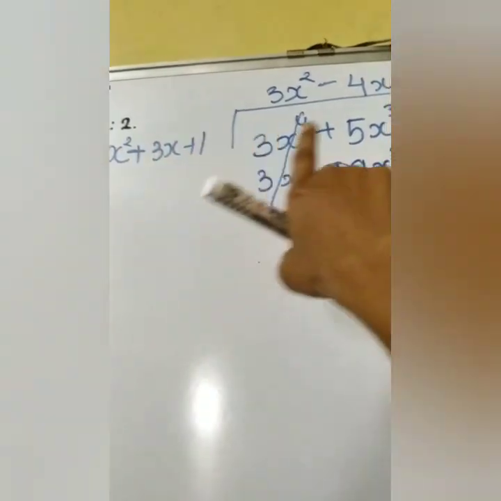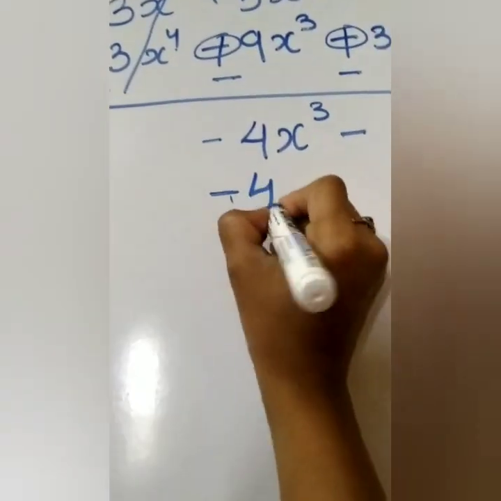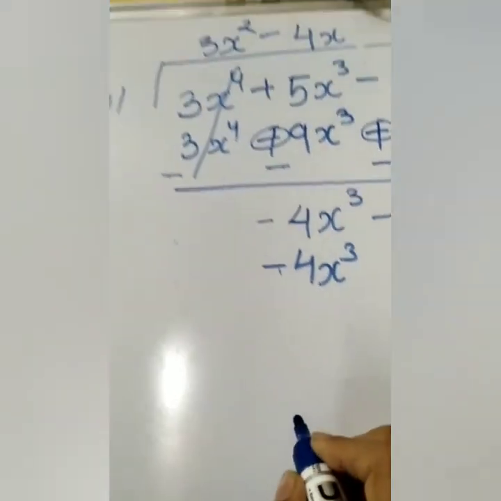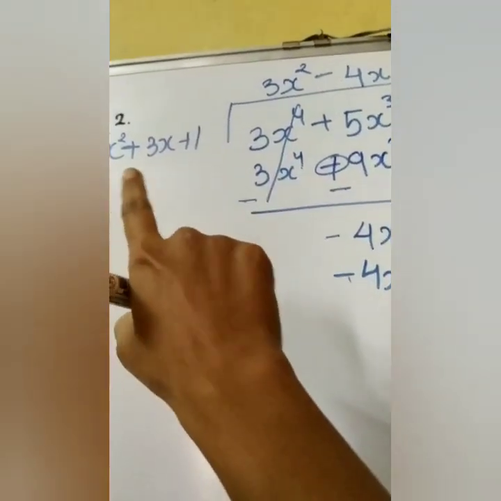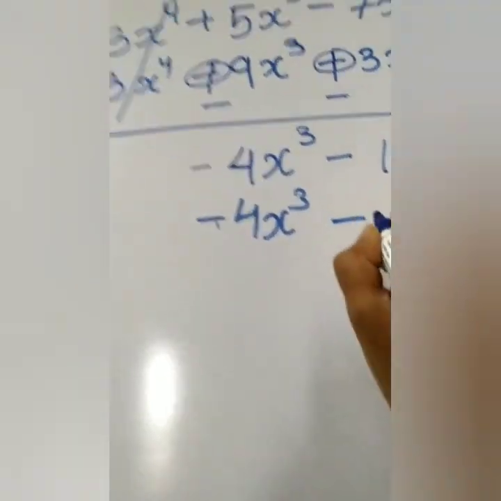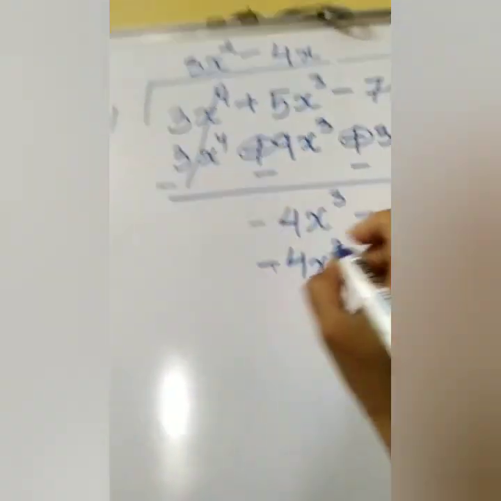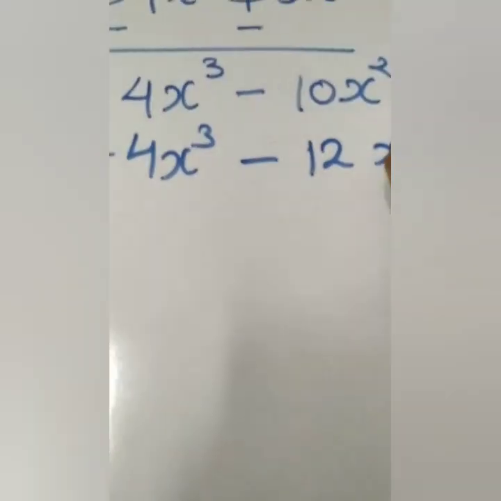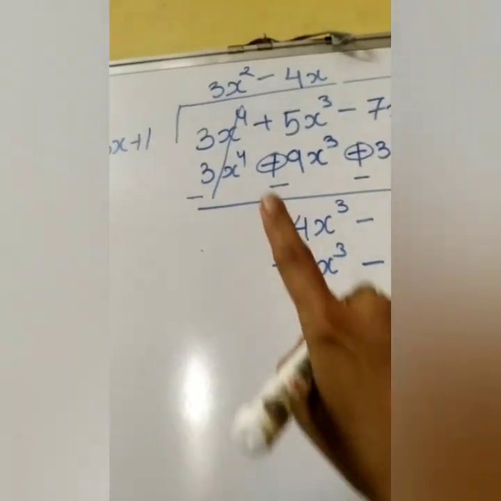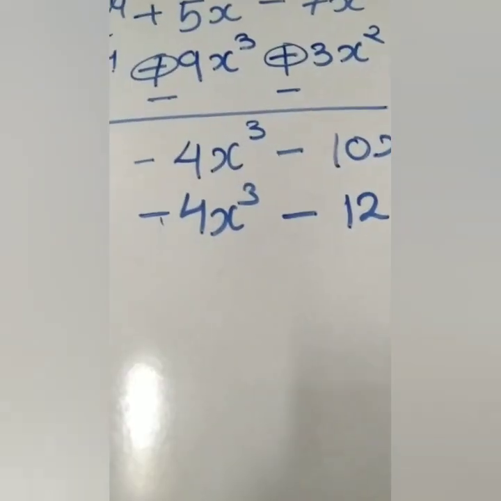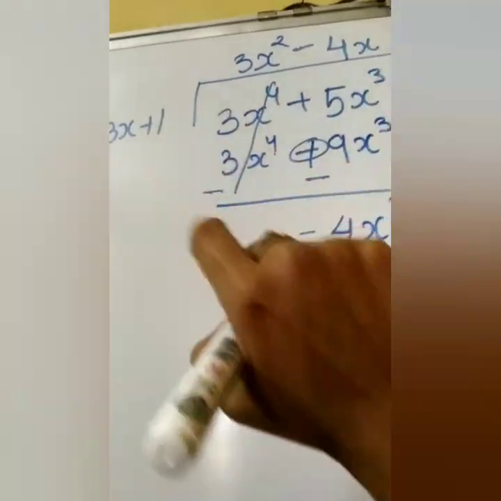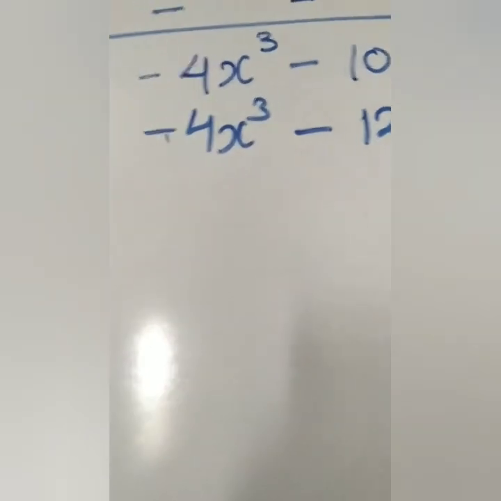This is x square and x means minus 4x cube. That is minus, that is plus, plus minus will become minus. 4 3s are 12 and x into x, x square. That is plus minus will become minus. 4 1s are 4 and that x.